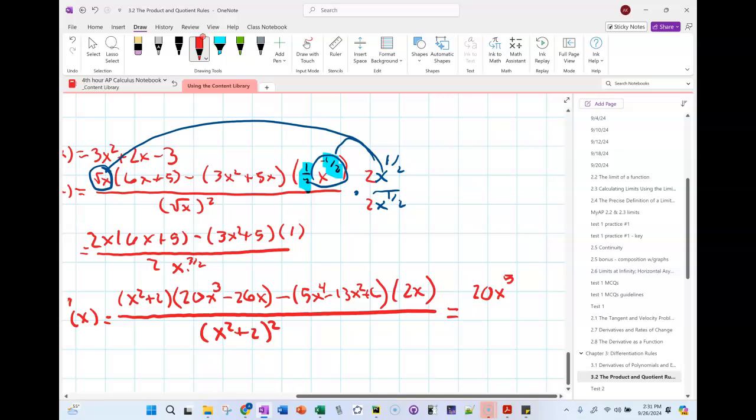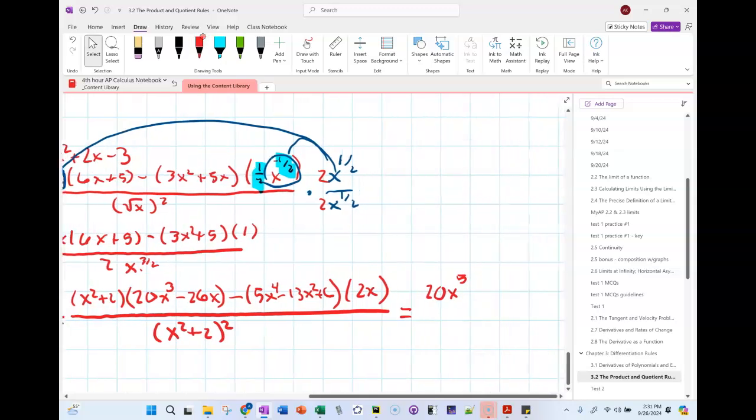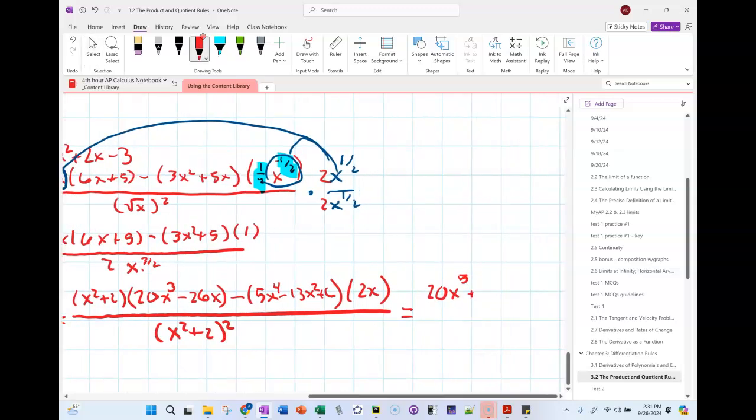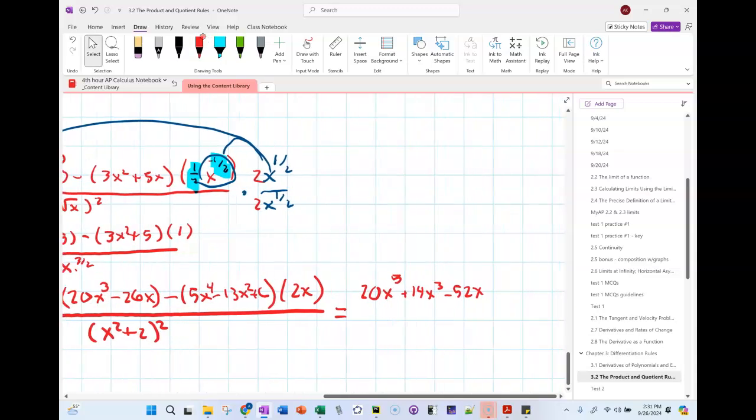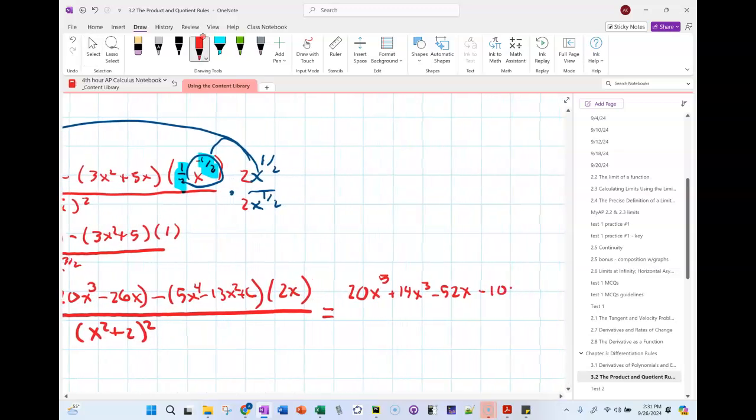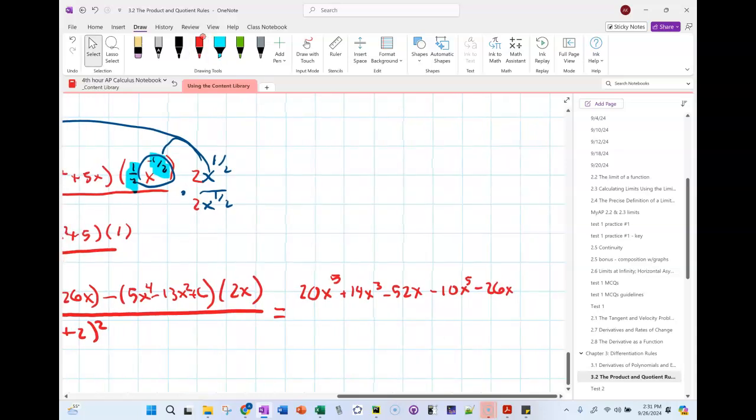So let's see. We have negative 26x cubed and positive 40x cubed. So that's going to be 14x cubed. And then minus 52x. And then we have minus 10x to the fifth minus 26x cubed plus 12x.